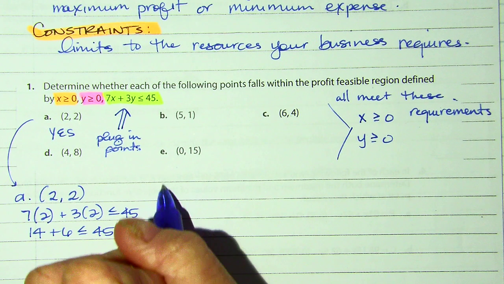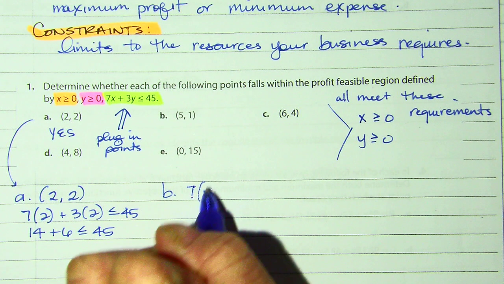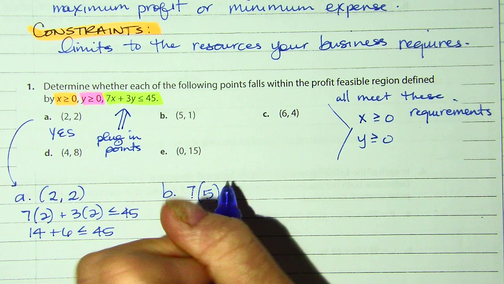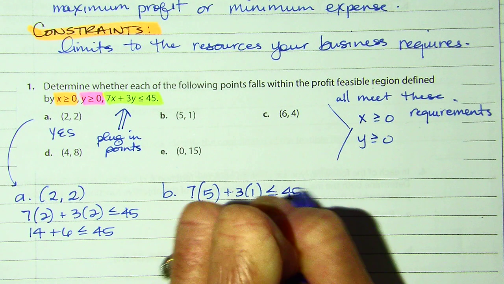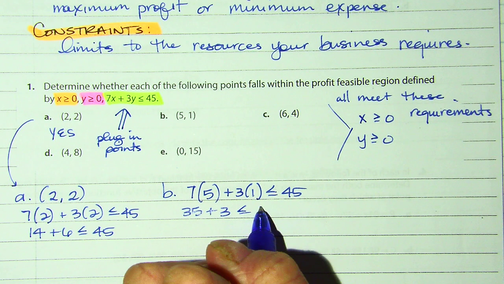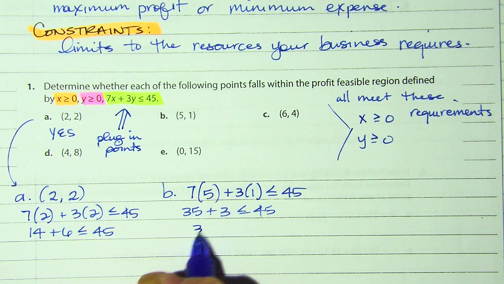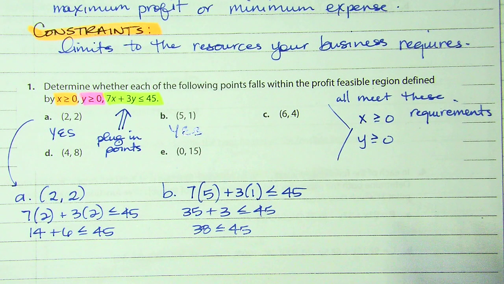So now B, I'm plugging in 5, so is 7 times x, right? 7x, and this is my x value, plus 3 times 1. Is this less than or equal to 45? Well, I get 35 plus 3, that is 38, and yes, 38 is less than or equal to 45.